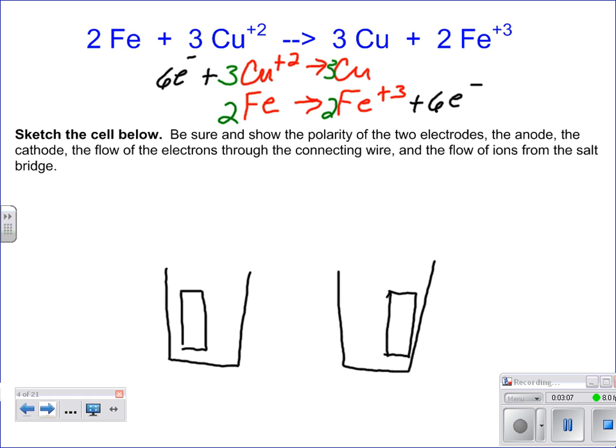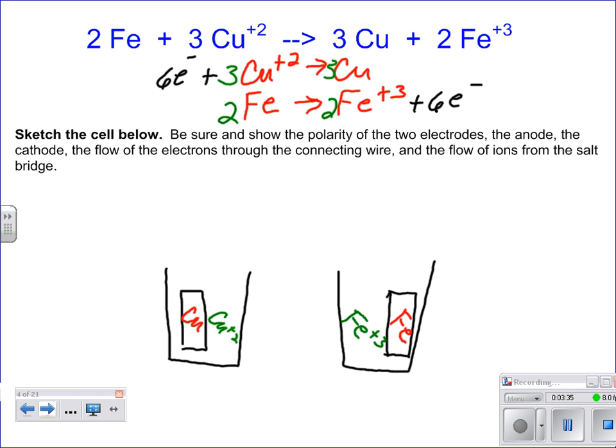It doesn't matter which one I put where, but I see copper in the first one, so I'll write that on that one, and I'll put iron on this one. It is the solid that gets labeled, not the ion, so Cu and Fe, which means in solution we've got copper 2 ions right here and iron 3 ions in this one.